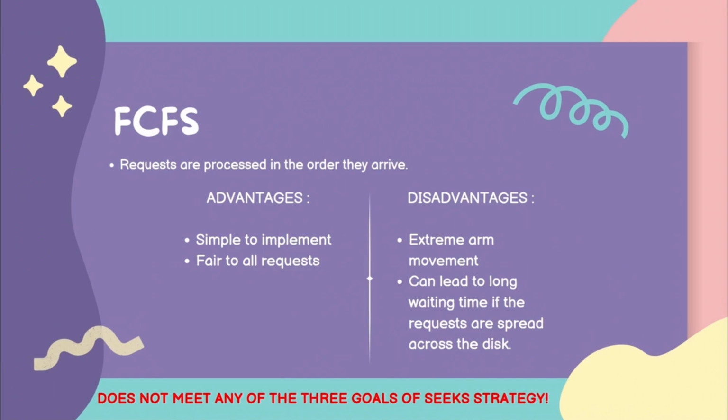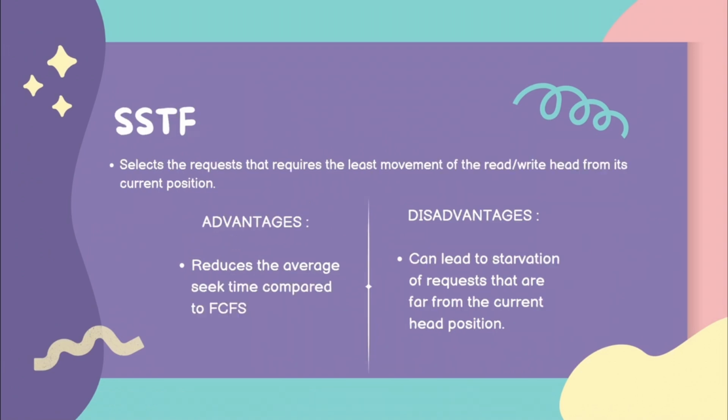The advantage is that it is simple to implement and fair to all requests. The disadvantage is that it requires extreme arm movement and can lead to long waiting times if the requests are spread across the disk. The FCFS algorithm doesn't meet any of the three goals of seek strategies that we discussed previously.